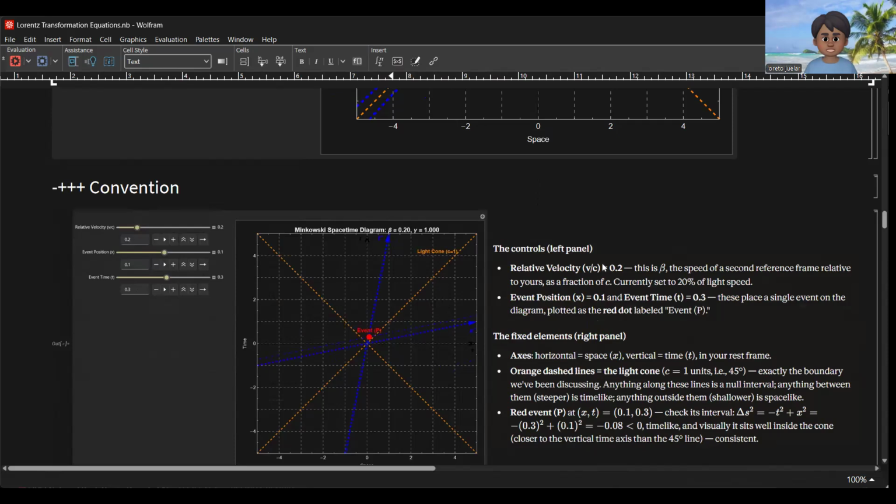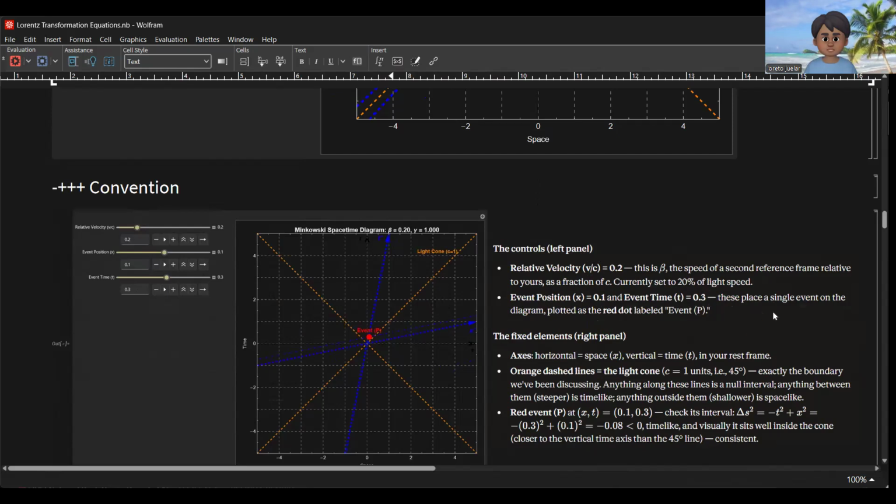So the controls left panel, we have the relative velocity here equal to 0.2. So that is the beta. So the speed of a second reference frame relative to yours as a function of c. So currently set to 20 percent of light speed. So event position here, x equal to 0.1, and event time equal to 0.3.